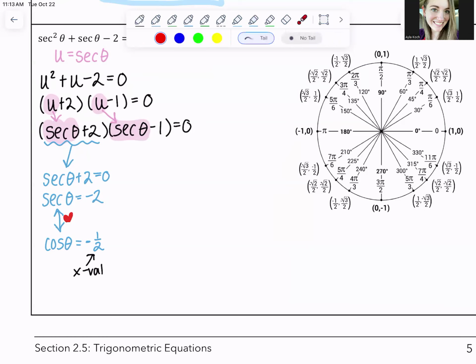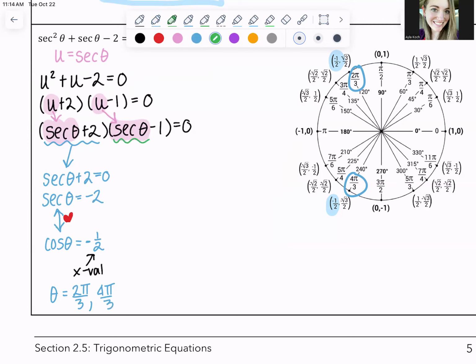I know that negative x values happen on the left half of the circle. Where is the x value equal to negative 1/2? Oh, well, that's up here at 2 pi over 3, and additionally, down here at 4 pi over 3. So we get theta equal to 2 pi over 3 and 4 pi over 3 for that first equation.